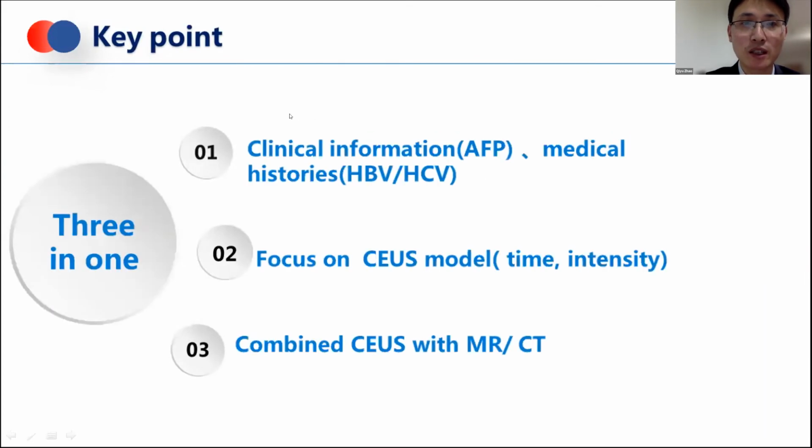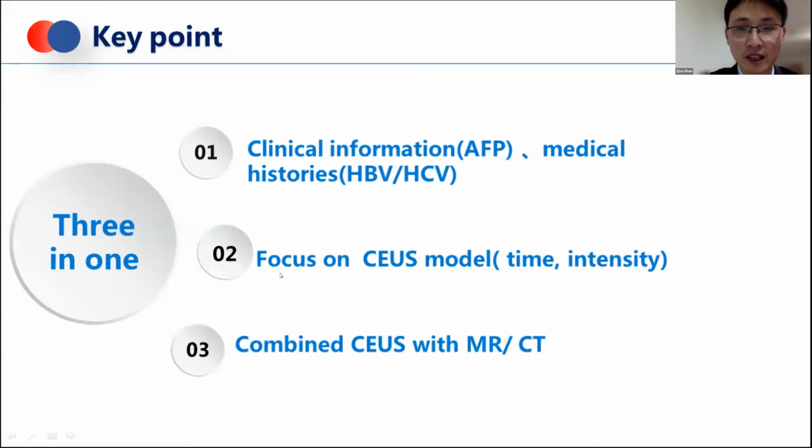So when we use contrast to diagnose HCC, we should focus on three points. First, we must know the clinical information such as AFP, tumor marker, and whether the patient has an HBV or HCV history.